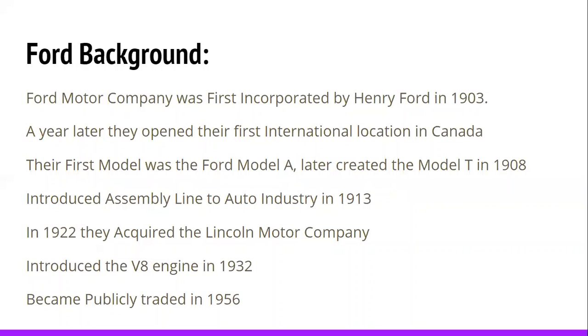The first model was a car called the Model A, and then they later created the Model T in 1908, which became even more famous. They introduced the integrated assembly line to the auto industry in 1913. Also, in 1922, they acquired the Lincoln Motor Company, and in 1932, they introduced the V8 engine.